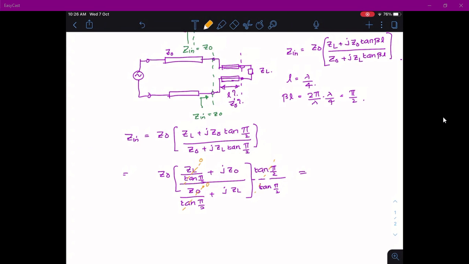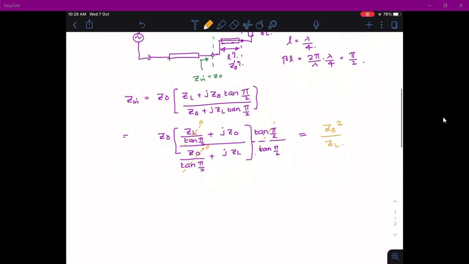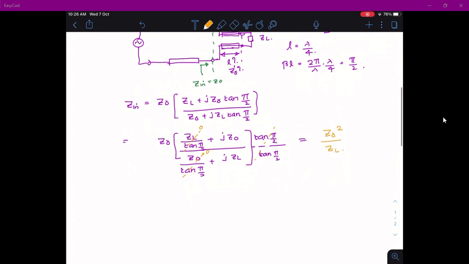So you will have Z0 squared divided by ZL. So your Zin is now equal to Z0 squared by ZL.